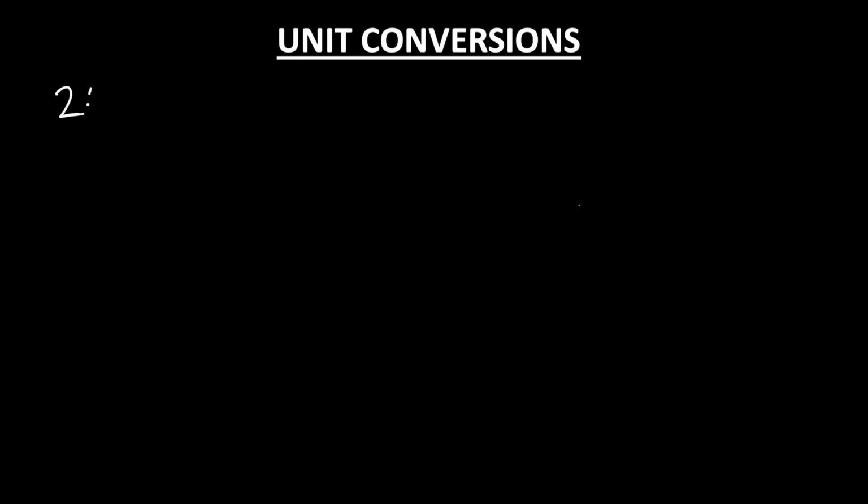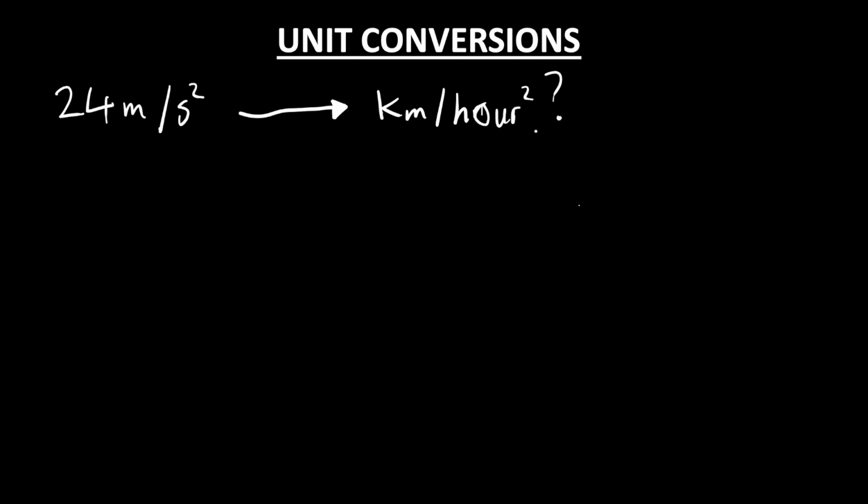Let's say you're given 24 meters per second squared and you're asked to convert that to kilometers per hour squared. How would you go about doing this? Now this type of question might show up as meters per second squared is the units for acceleration.